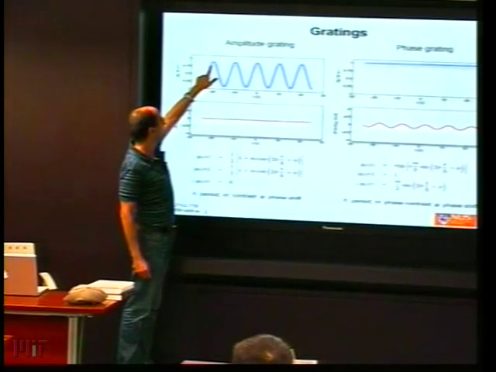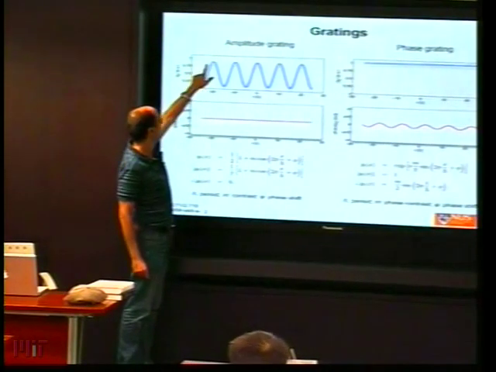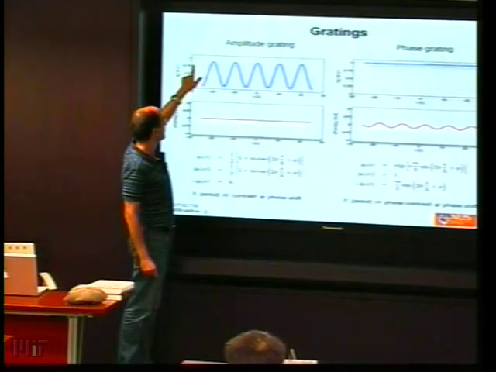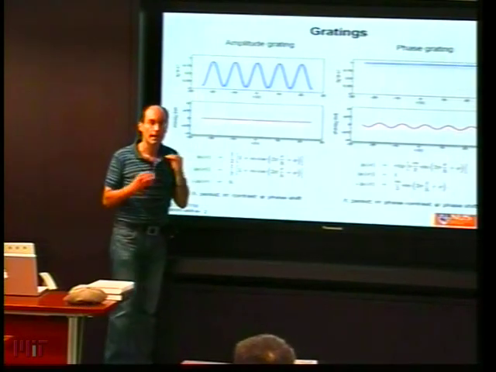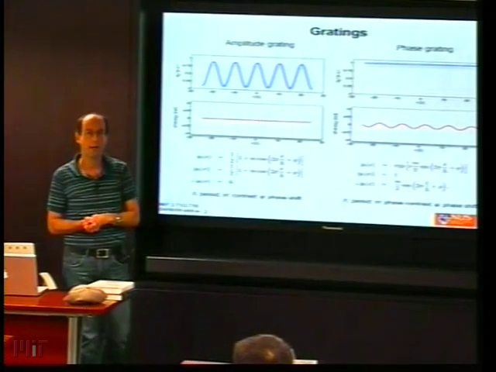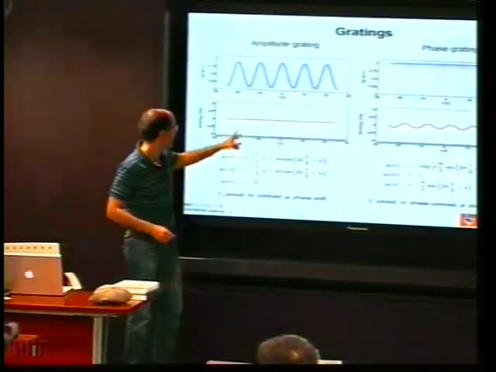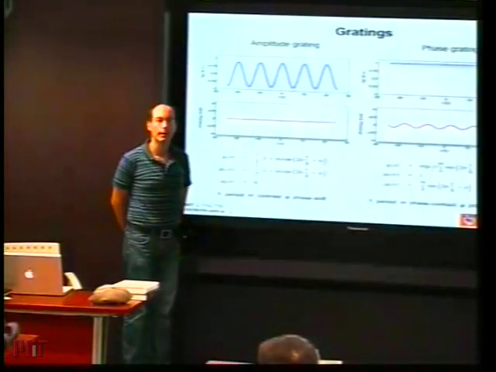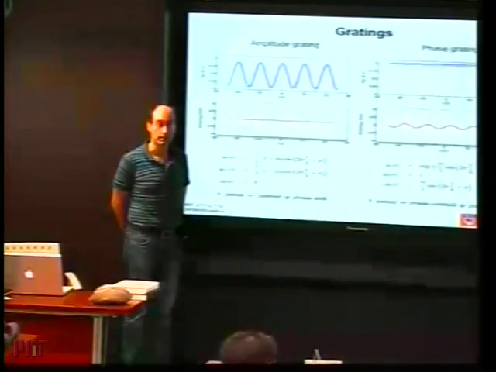You can see that it goes between approximately 0.9 and 0.1. The maximum transmissivity is 0.9 and the minimum transmissivity is 0.1. So the value of M for the grating shown here is approximately 0.8.